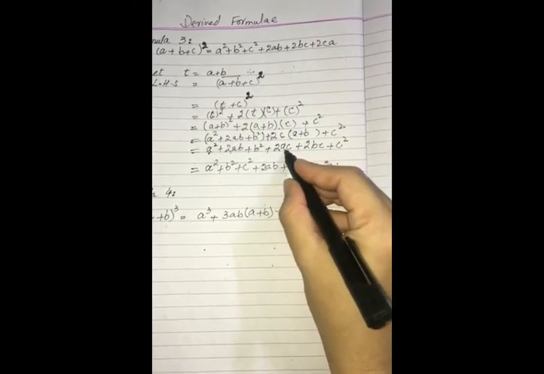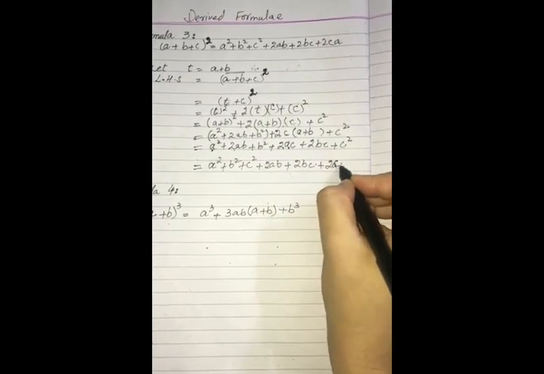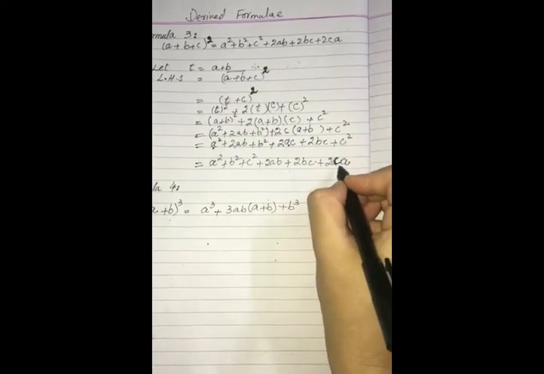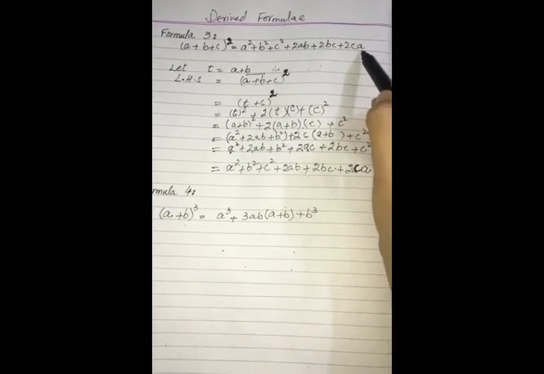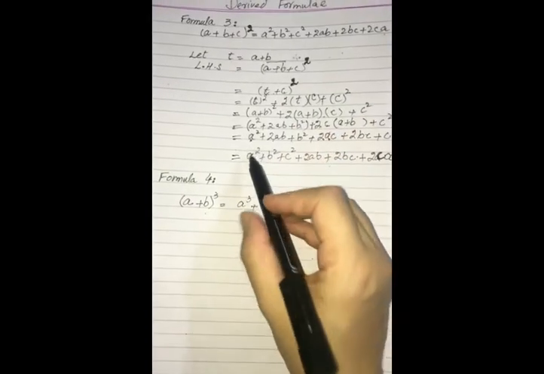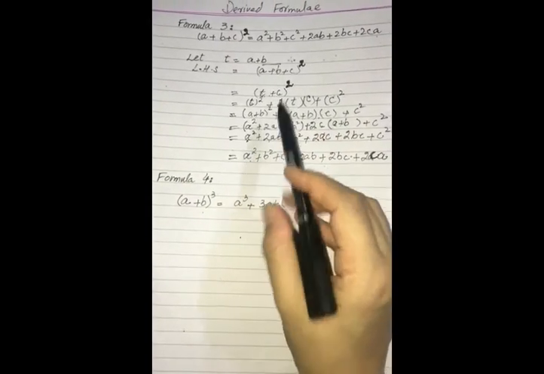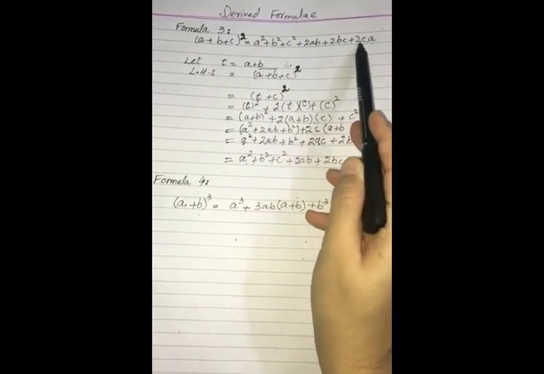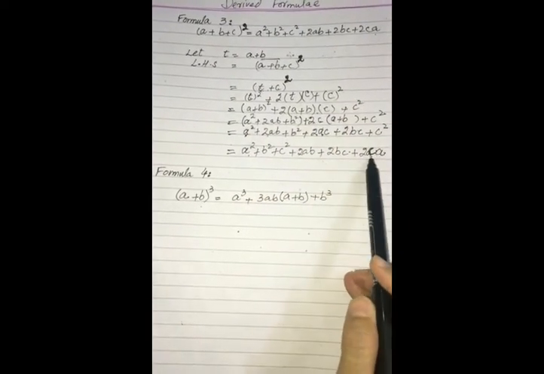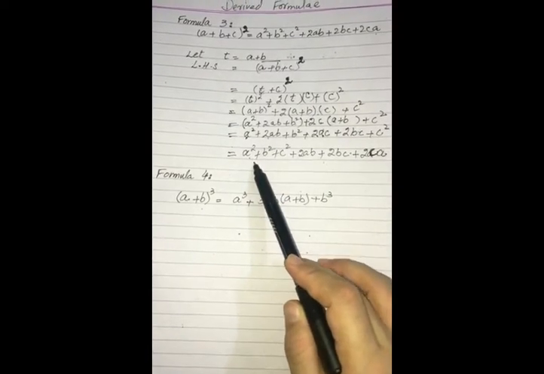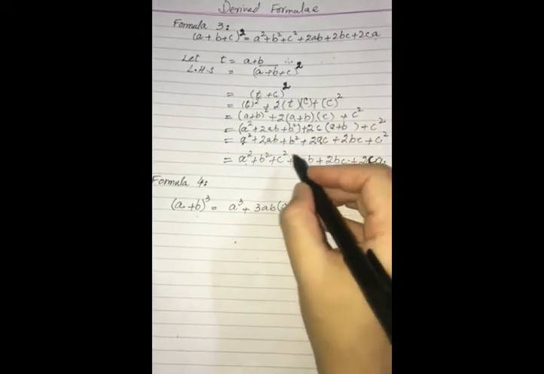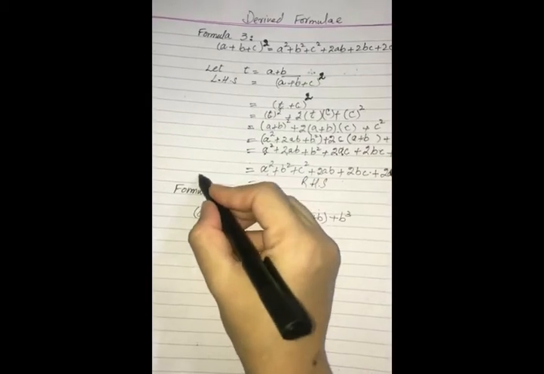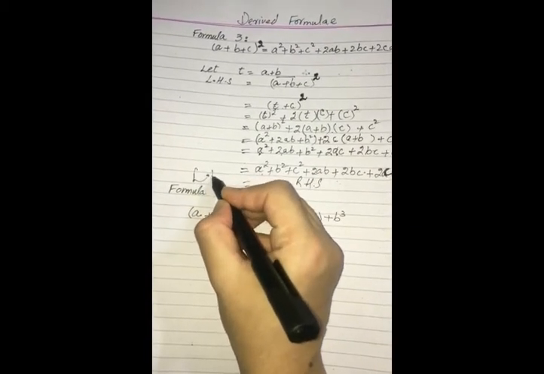You can either write it ac or ca, both are same, but I have converted it into ca as it was mentioned in the formula. So let's check. A square + b square + c square + 2ab + 2bc + 2ac. So I have derived this form, hence I can say this is the right hand side. Hence it is proved that left hand side is equal to right hand side.